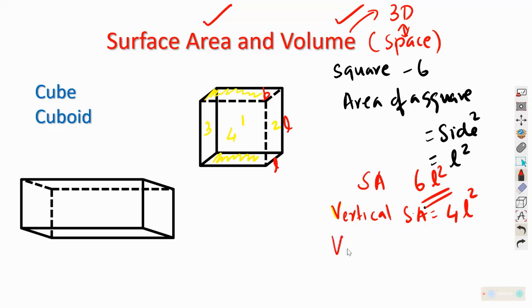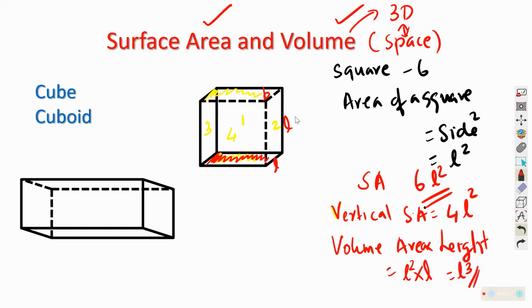Volume is always explained mathematically as area into height. If you are taking the bottom of this particular area, it will be only L square, and if you are taking the height of it, you have to multiply with one more L, then it becomes L cube. This is the formula to calculate volume of a cube.